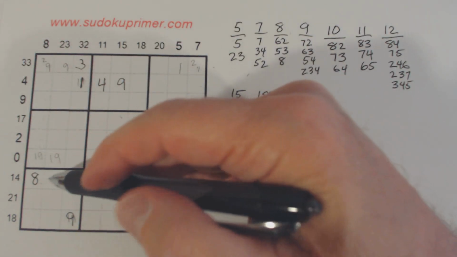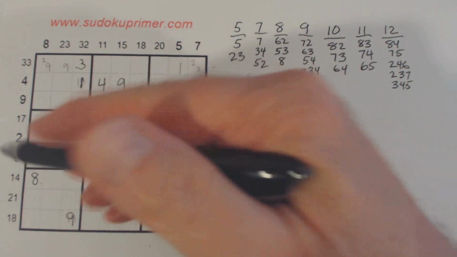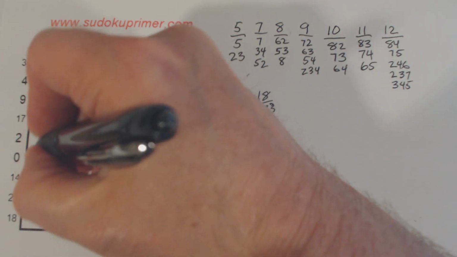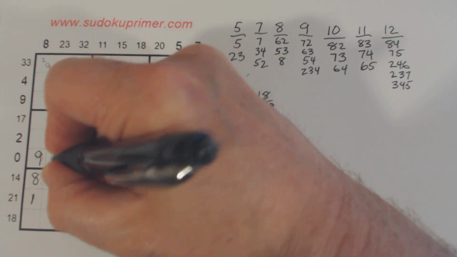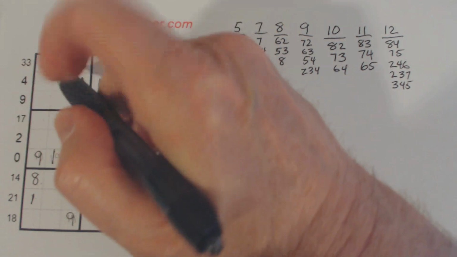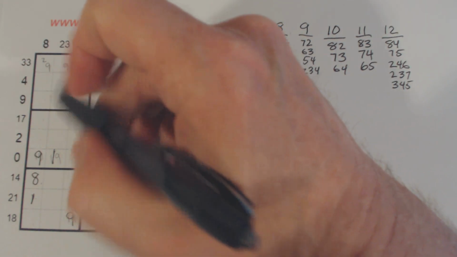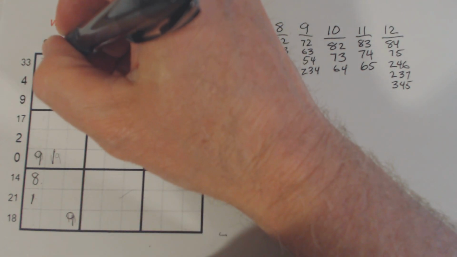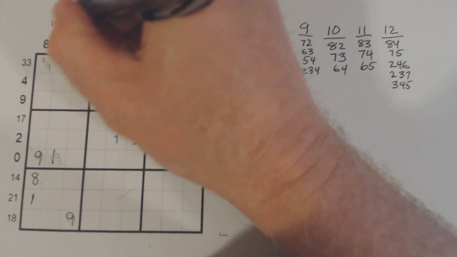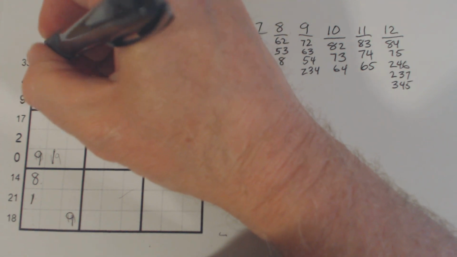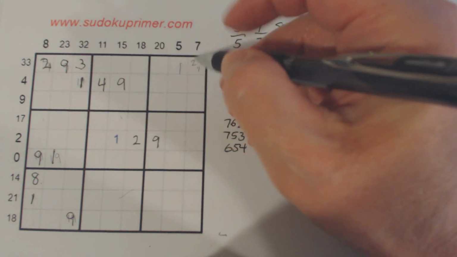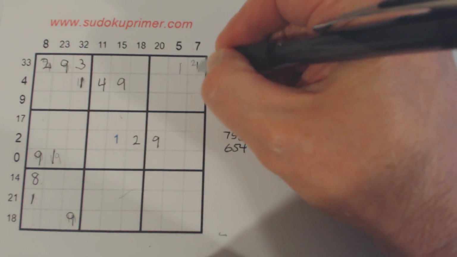And because of this 8 here, we know this is 1 or 9. It's got to be 1. So that's a 9 and that's a 1. And now we know that this is a 9 because of that 9. And we know this is a 2. And therefore we know this is a 1.